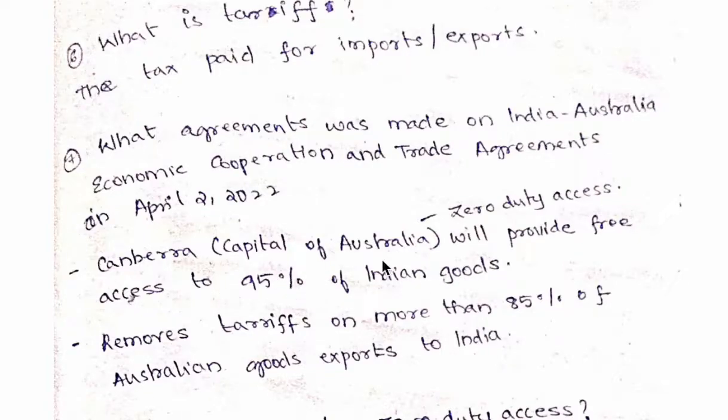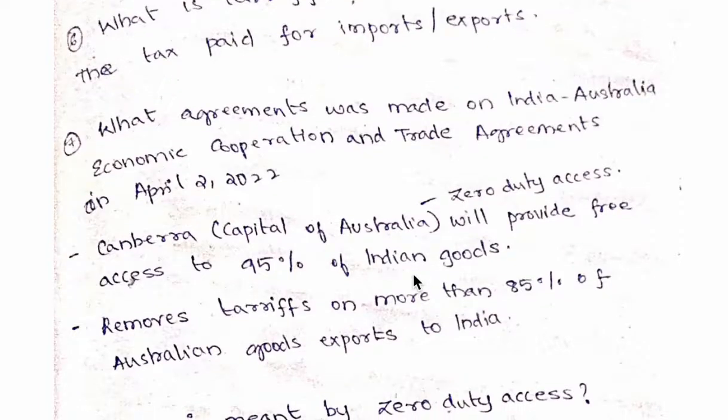This 95% of Indian goods includes textiles and raw materials. So it is providing almost 100% free access for Indian goods. This circumstance is also called zero duty access.